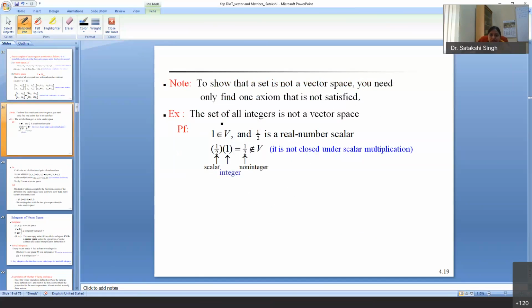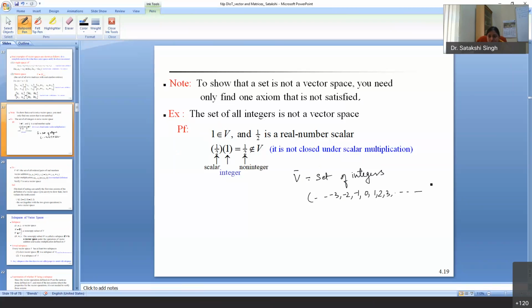So as it is given here, let us say you have been given some set V. This V is equal to the set of integers. Because this is a set of integers, its elements will be of this kind. It can be negative integers, 0, positive integers, and so on.